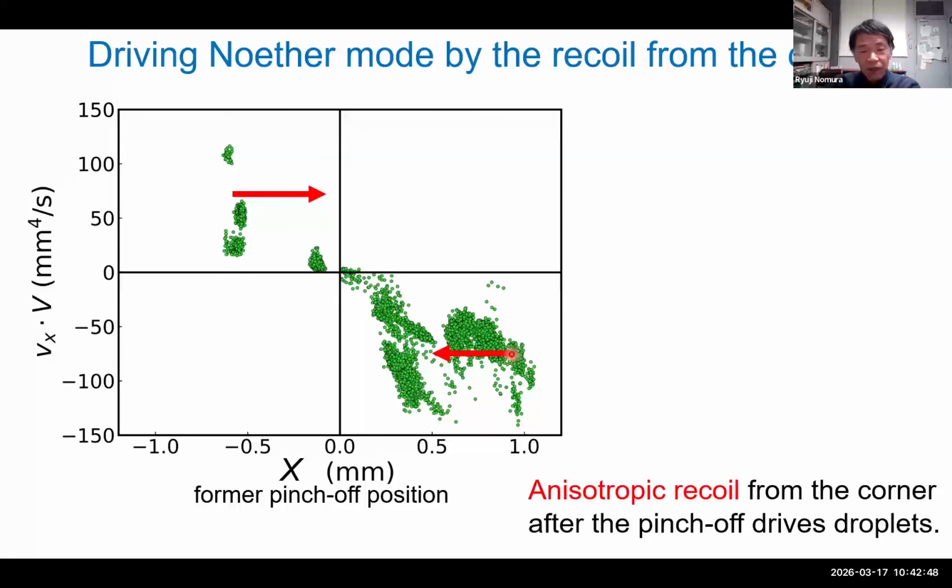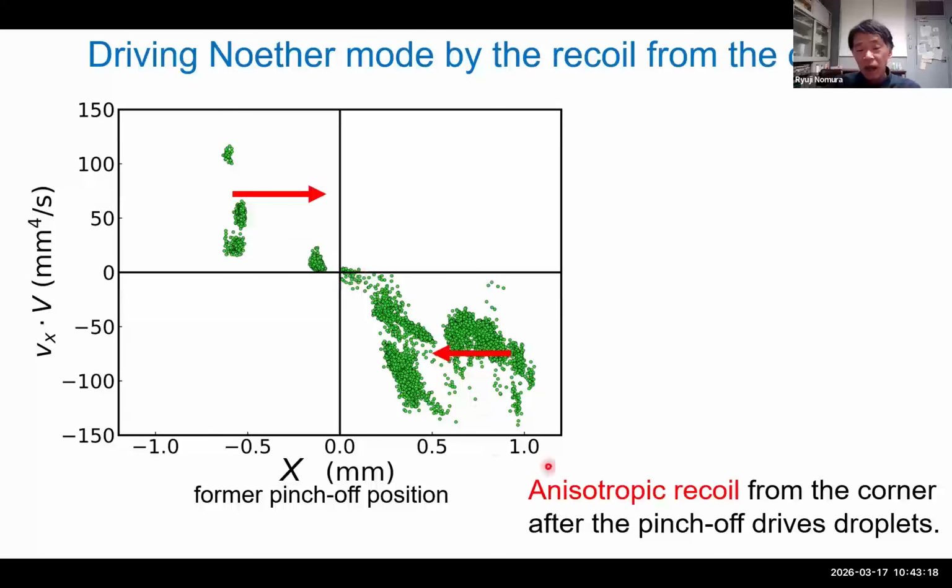When the droplet was pinched off around the right corner, the subsequent motion of the droplet is to the left. When the droplet was pinched off around the left corner, the subsequent motion of the droplet is to the right. And when it's pinched off around the center of the cylinder, it doesn't move much.